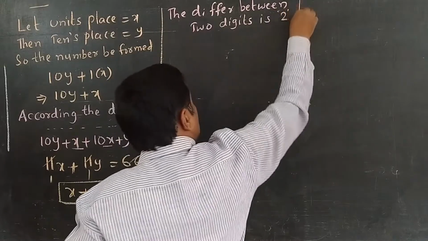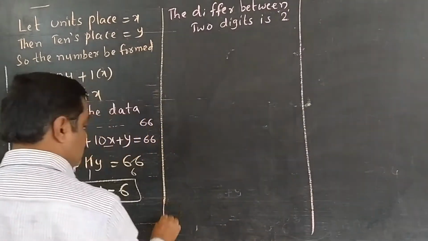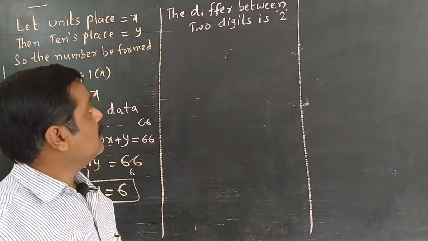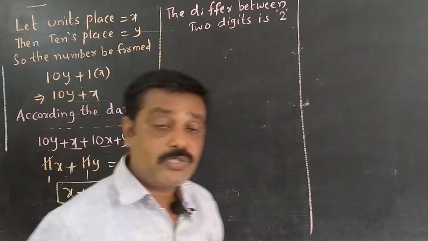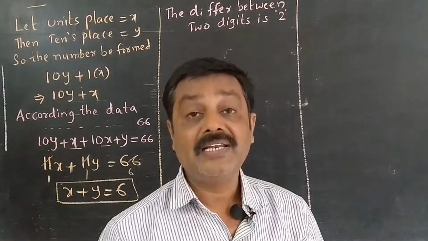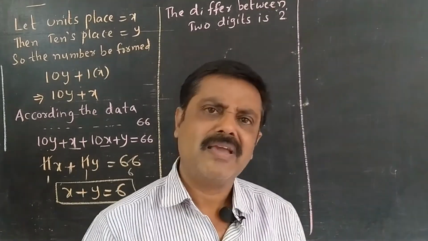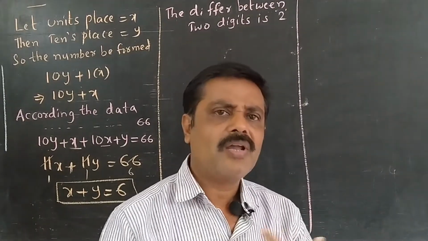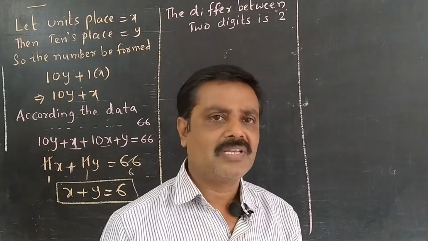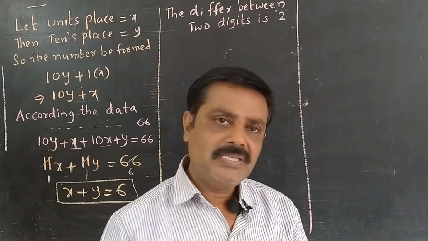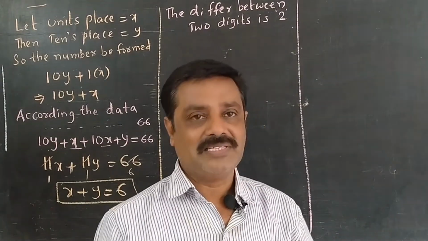The difference between x and y is 2. Getting doubts? Sir, is it x minus y is equal to 2 or y minus x is equal to 2? Which is correct? Both are correct. Means we get two possibilities.